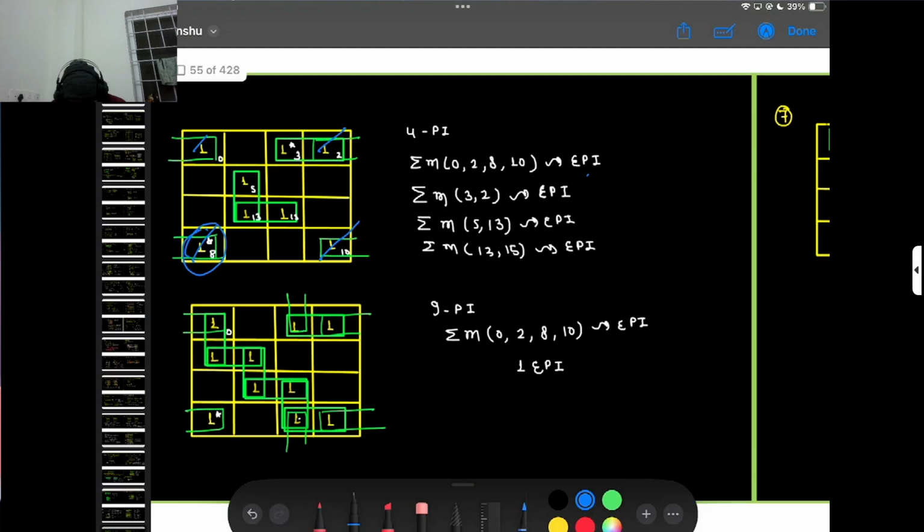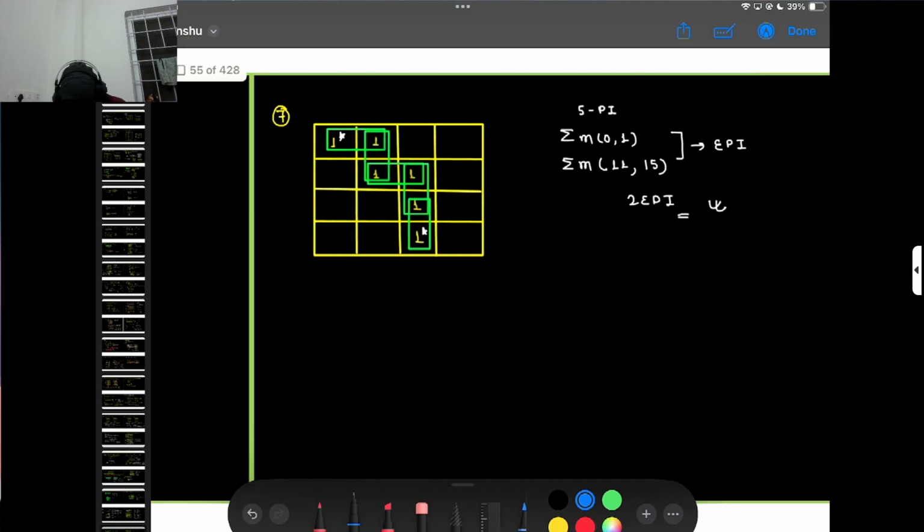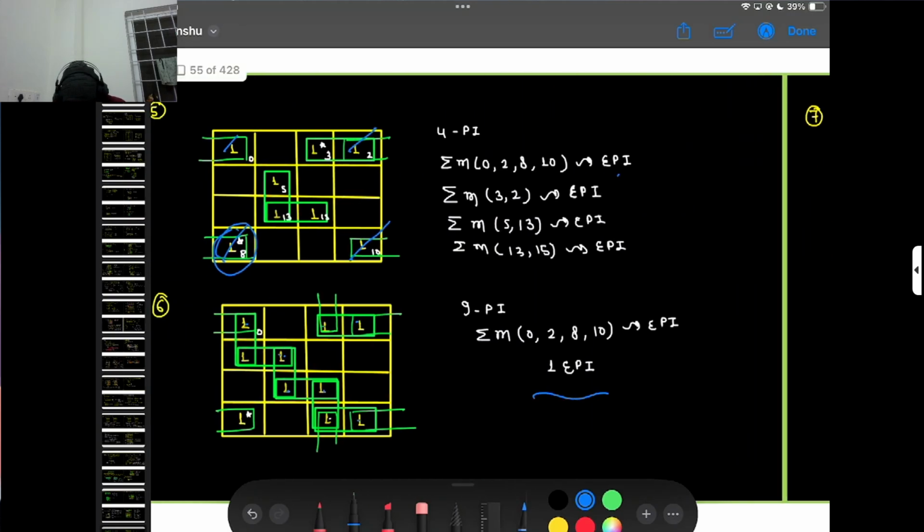So 9 PI, 1 2 3 4 5 6 7 8, sorry. Through 9 PI. Okay, PI means group. Okay, sorry, my fault. And one API is higher.